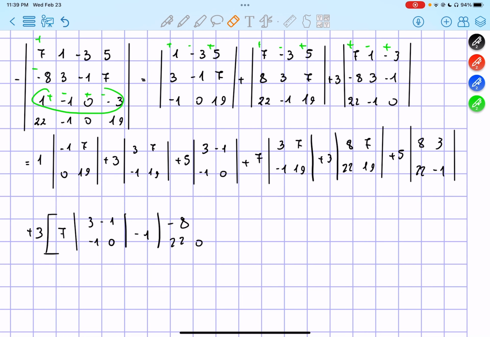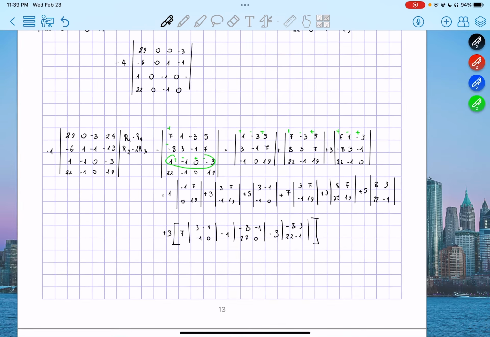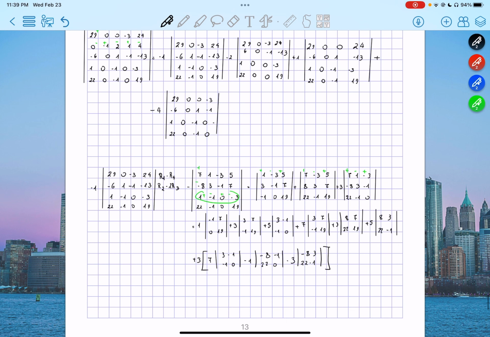So this one not 3, it's negative 1, okay. And then negative 3 that multiplies negative 8, 3, 22, negative 1, and so on and so forth. So this one will be the first one of the 4 by 4 matrices.